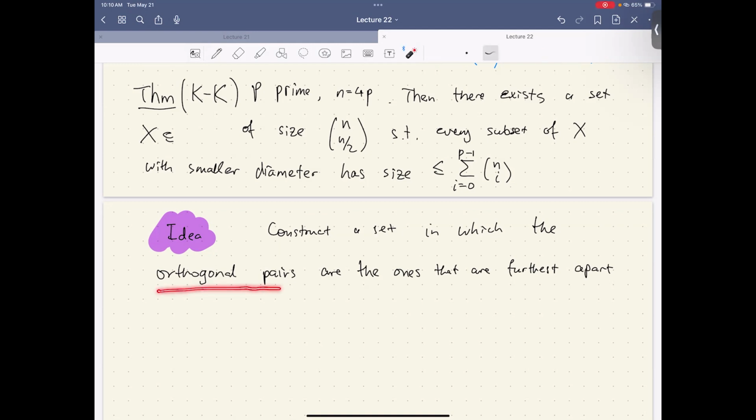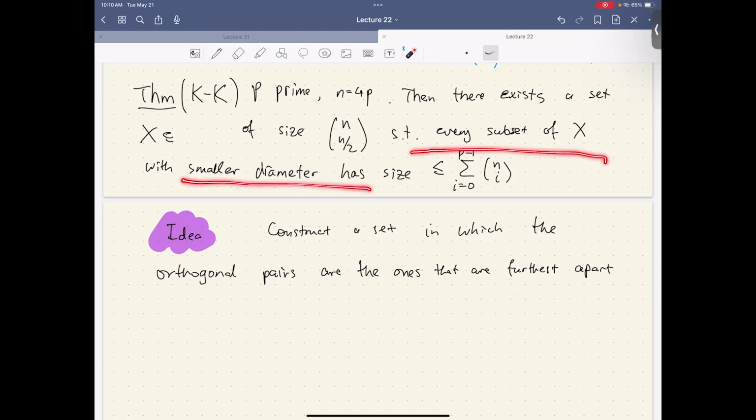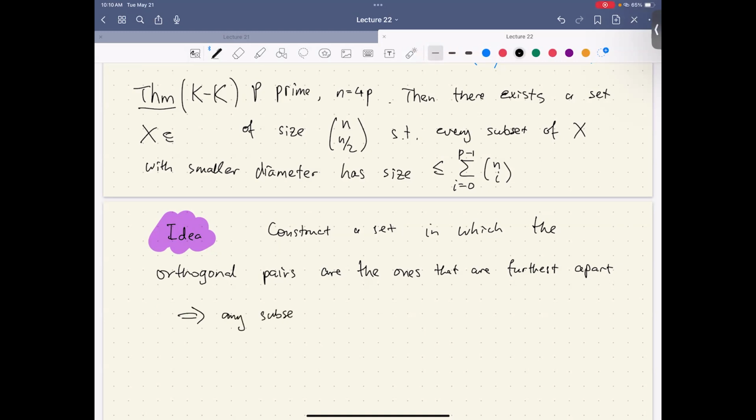In this set, if the orthogonal ones realize the diameter, then any subset of X with smaller diameter cannot have an orthogonal pair.